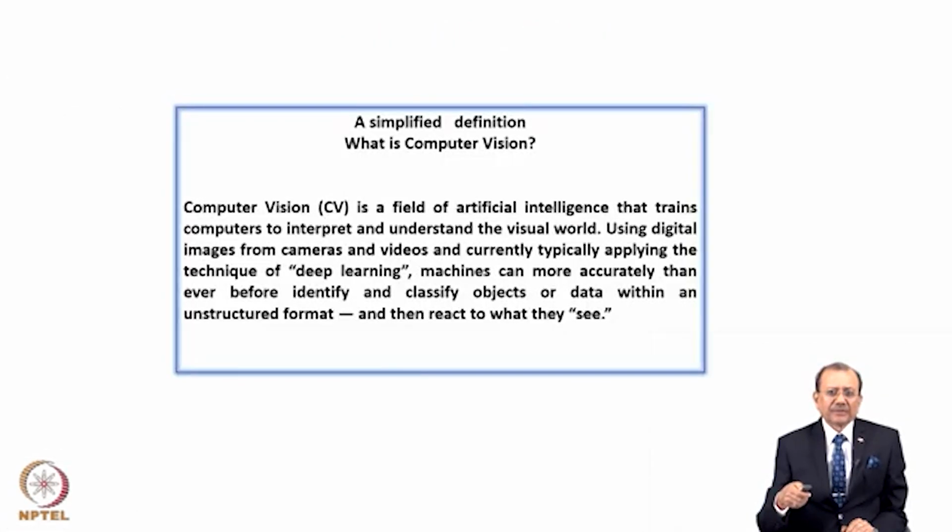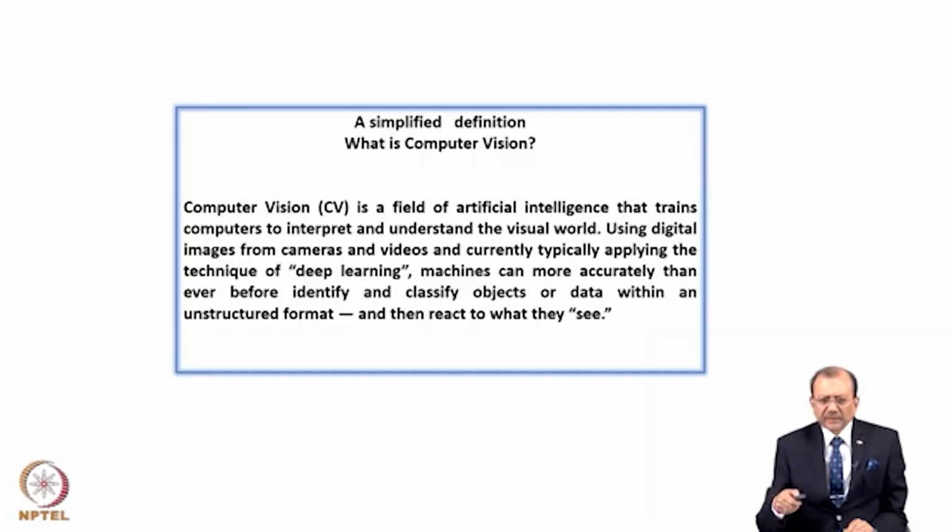If we like to have a simplified definition of computer vision, this slide has that narration. Computer vision is a field of artificial intelligence that trains computers to interpret and understand the visual world, using digital images from cameras and videos, and currently typically applying the techniques of deep learning. Machine learning can more accurately than ever before identify and classify objects or data within an unstructured format and then react to what they see.